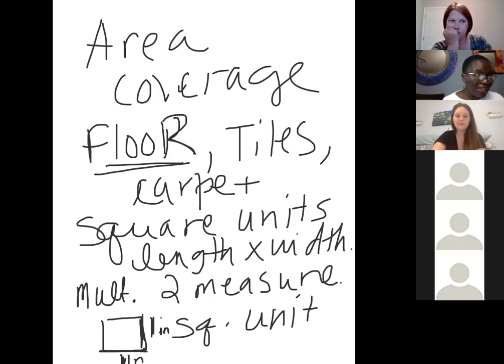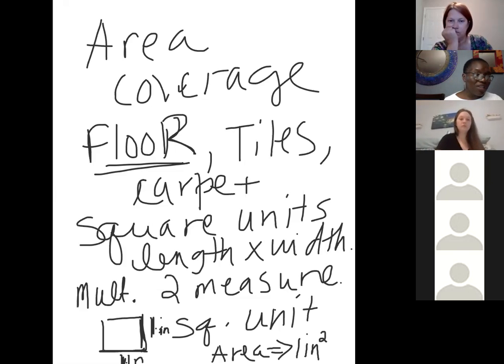Okay, so guys, to calculate the area of a square, we multiply length times width, or we take one of the sides and square it. So the area would have to be 1 square inch. So what do you need to remember about area?